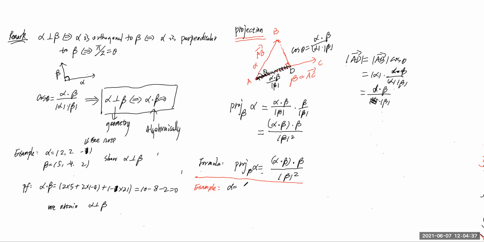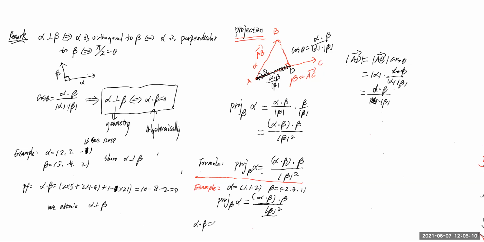Alpha is (2, 2, 1), and beta is (-2, 3, 1). So compute this. This is just alpha dot beta times beta over beta squared. So you have to compute this and this. Let's first compute alpha dot beta.